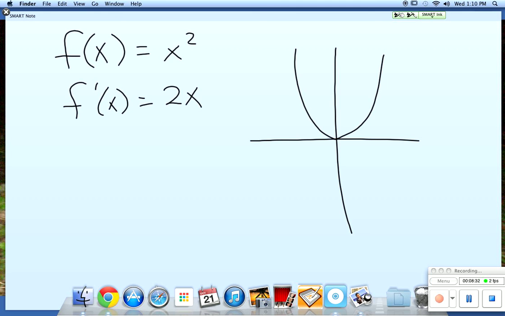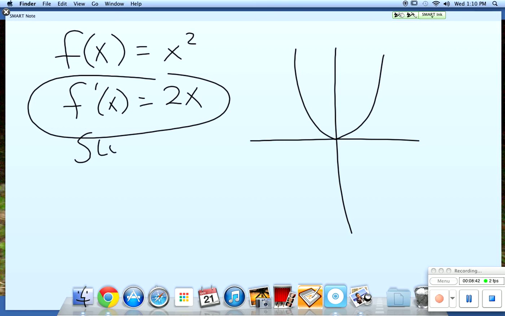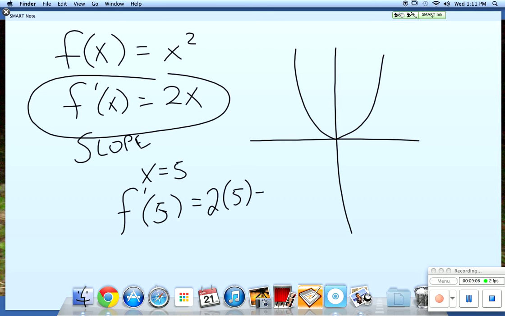We get a parabola like this. And I want to know what's the slope? Really what we're given here is the slope of my tangent line at a certain point. So I want to take a look at x at, let's say, 5. Okay? When x equals 5, I put that into my f prime, or my derivative of x squared, and I find that it's 2 times 5, which equals 10.